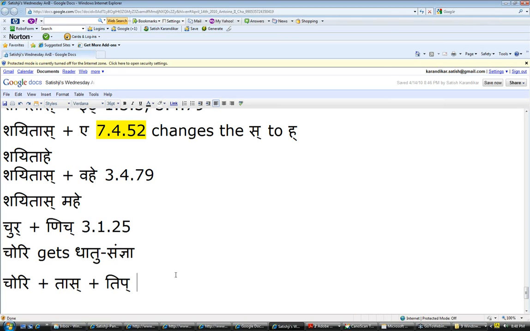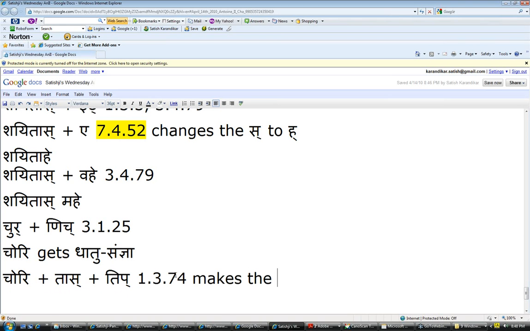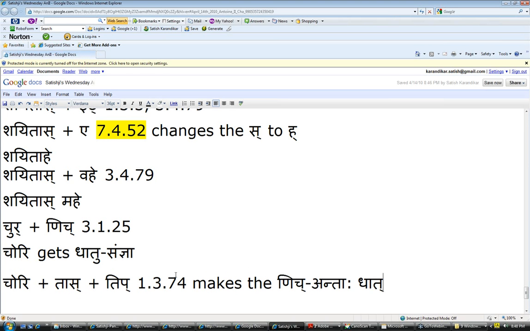So by 1-3-74, the 10th gana dhatus, the nijantas, are ubhayapadinah dhatavah.